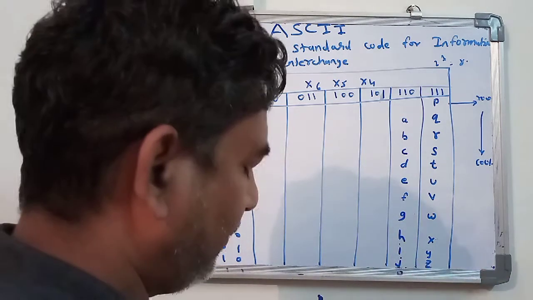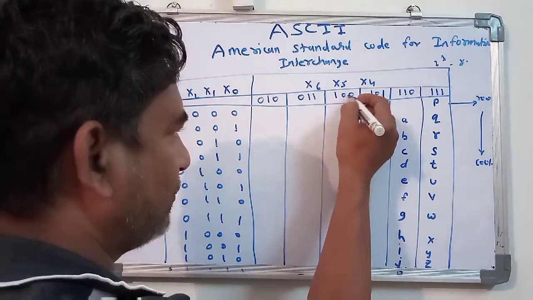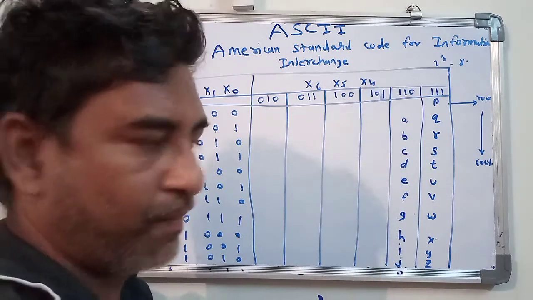In the same way, you have to write down the capital letters in the 100 and 101 columns.